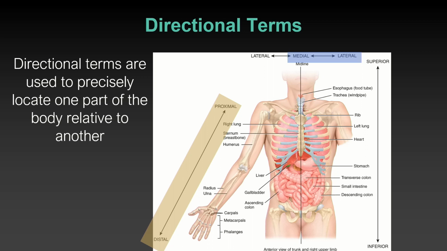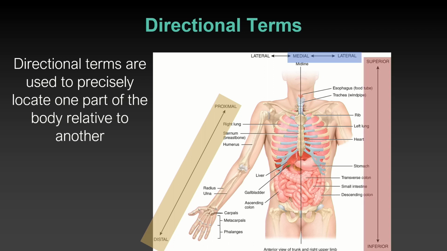So I could say my hand is lateral to my hip. In the anatomical position, that's true. My hand is further away from the midline when compared to my hip.